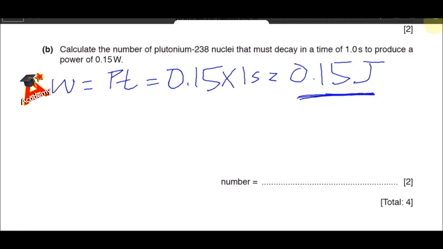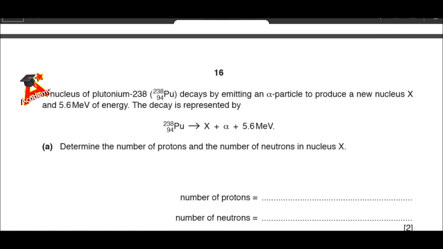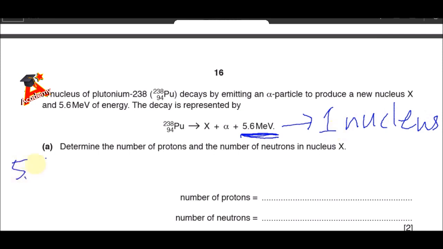Alright, so we have been told that this much energy is produced when one nucleus reacts. How much is 5.6 mega electron volts? We can find the number of joules in 5.6 mega electron volts.